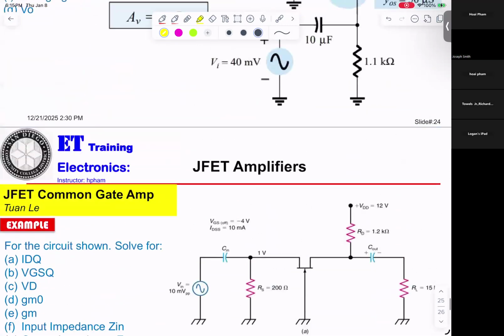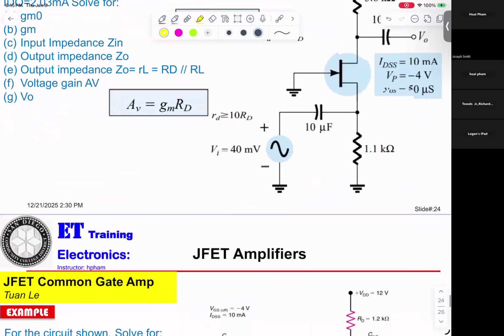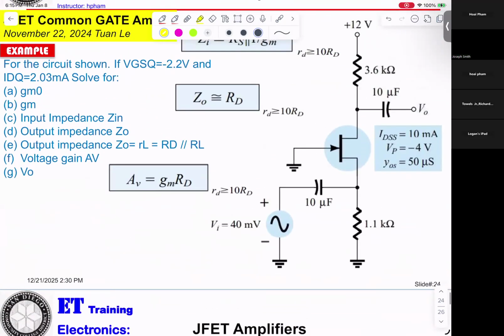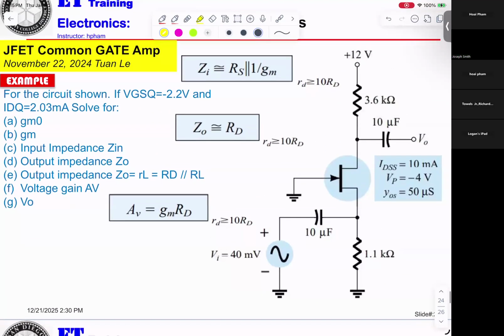No, the other way. Hold it. Whoa, right there. Is that it right there? The gate, you see, is right here. Okay, that's the DC one, right? Right. Okay, that's what I wanted to see.